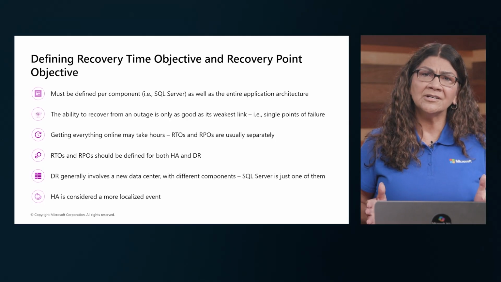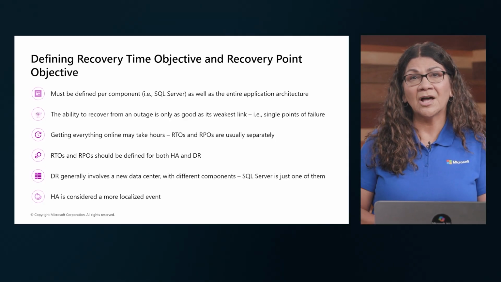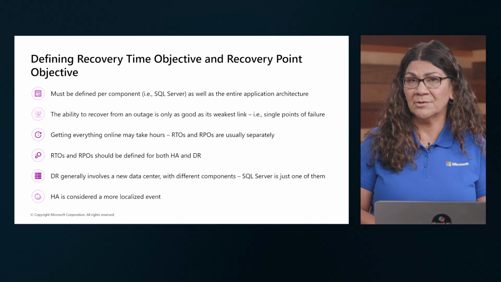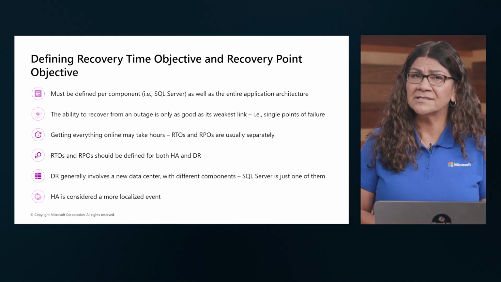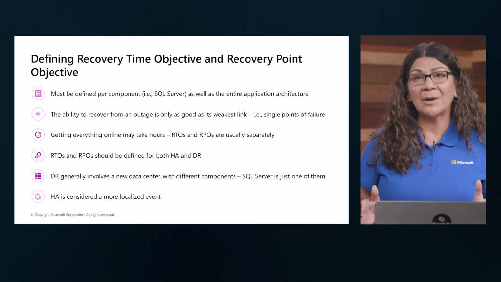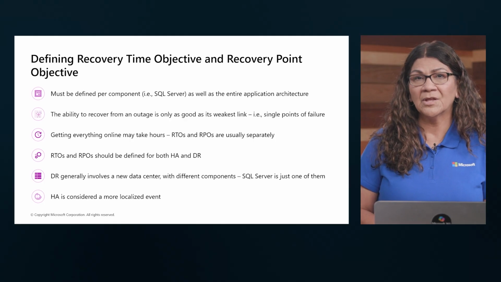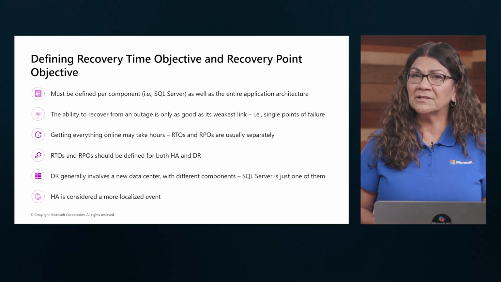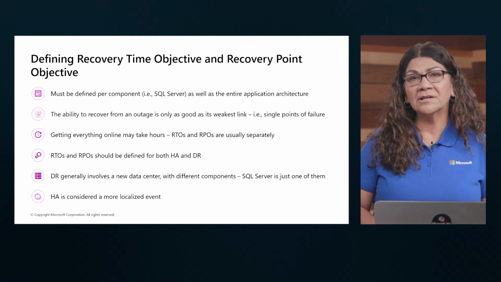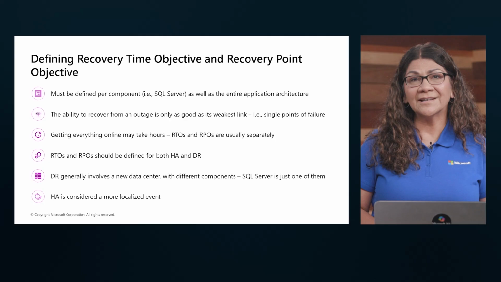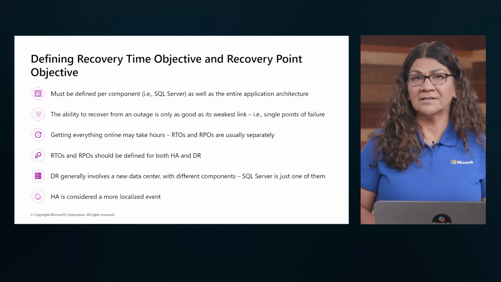Benefits of defining RTO and RPO include reduced downtime, minimizing data loss, and improved business continuity. Use cases range from financial systems requiring near zero data loss to healthcare applications needing rapid recovery to maintain patient care. By aligning recovery capabilities across all components and documenting them clearly, organizations can ensure resilience and compliance with service level expectations being met.